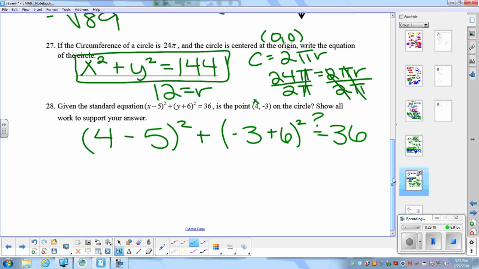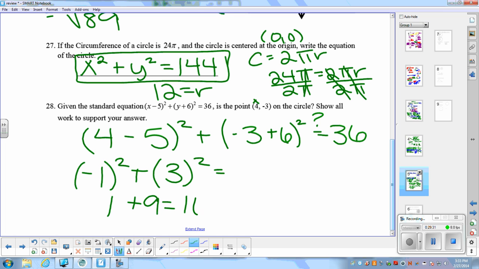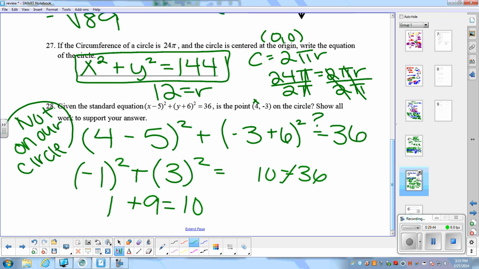Well, let's look. 4 minus 5 is negative 1 squared plus negative 3 plus 6 is 3. We just square that. Negative 1 squared is 1. 3 squared is 9. So this is 10. Since 10 does not equal 36, this is not on our circle. This is not a point on the circle.